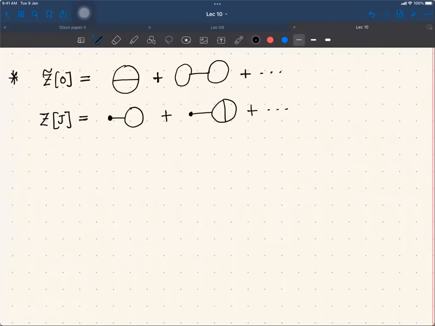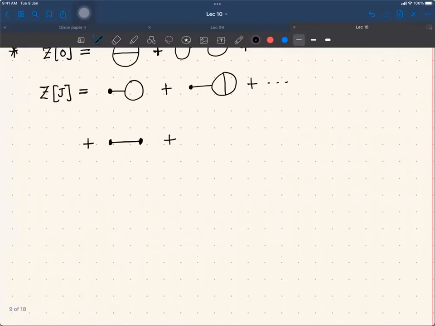Then you have quadratic in J terms, and the first term is the free propagator, which we saw in W0 of J, like free theory generating functional. And then next the vertex corrections.